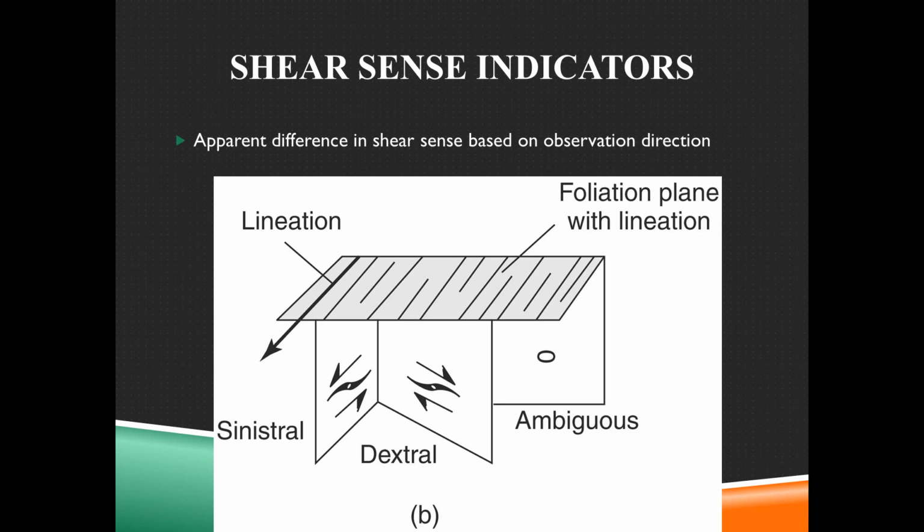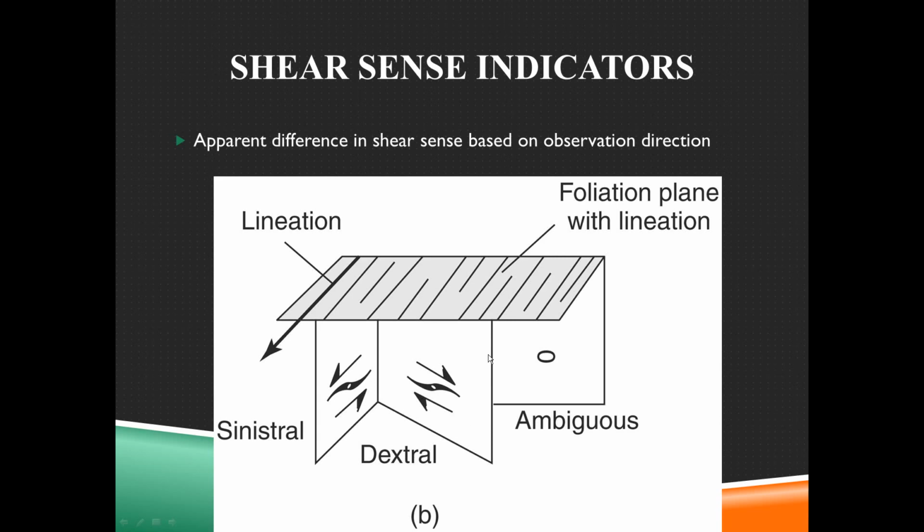Because if we have a road cut and the solid rock is on our left, like right here, we see a sinistral or a left lateral sense of motion. However, if the road cut is to our right and we're looking at it, we're seeing a dextral or right lateral.